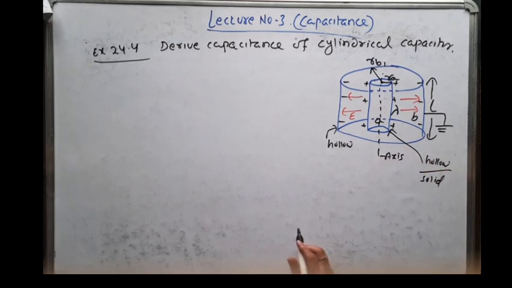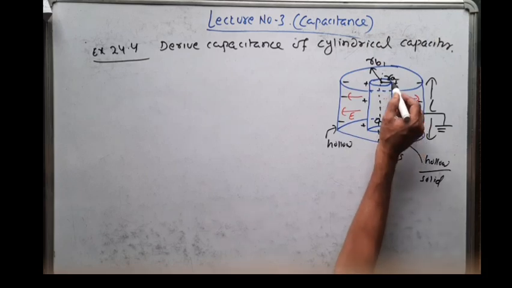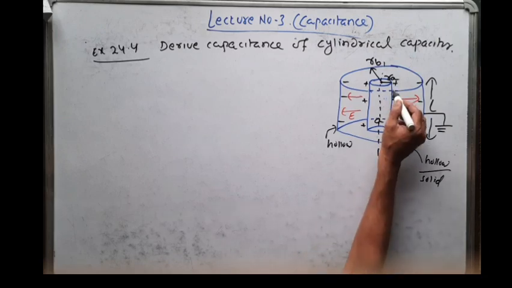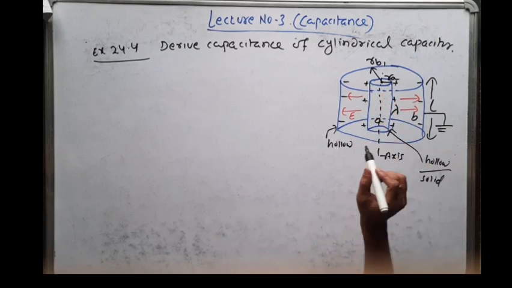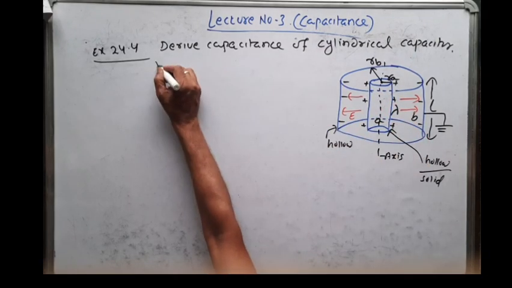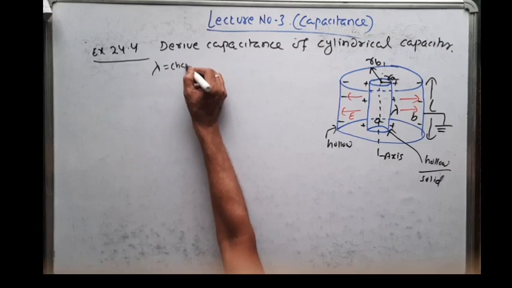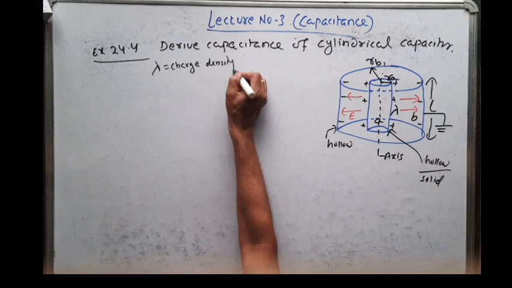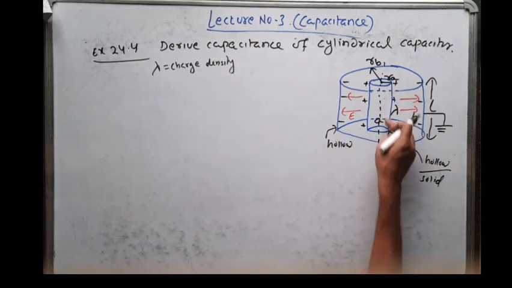I have already explained. So now you see, we are giving a positive charge to the inner cylinder. All the charge will be distributed on the surface. Let lambda be the charge density on this line.